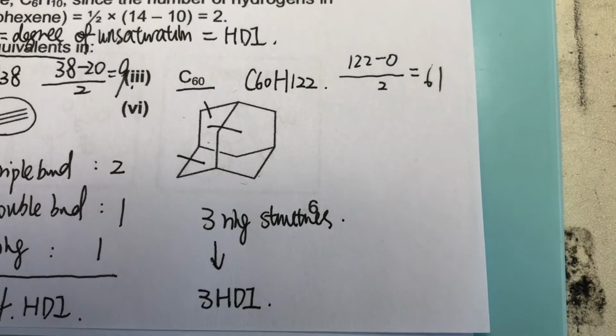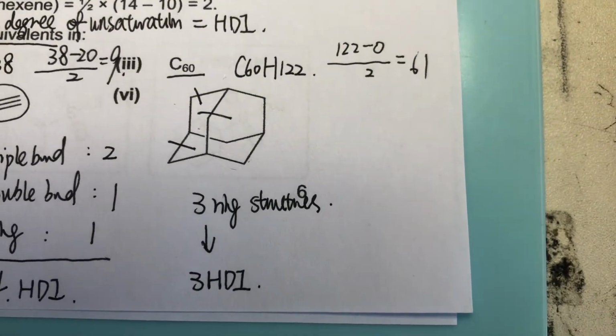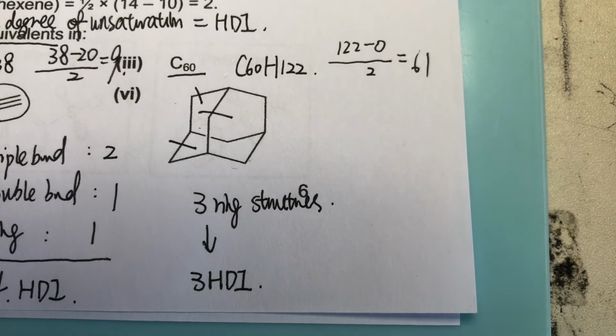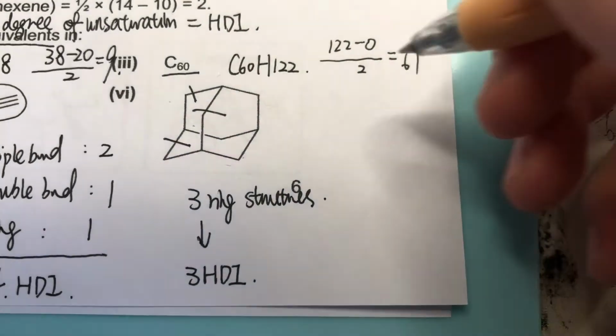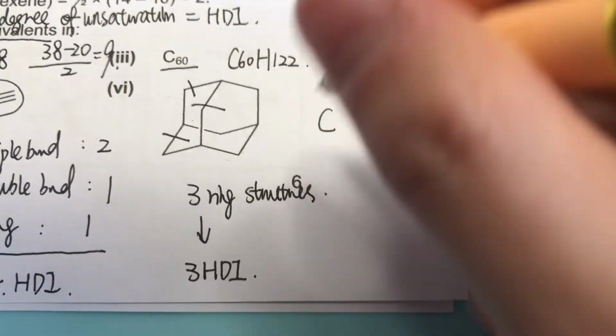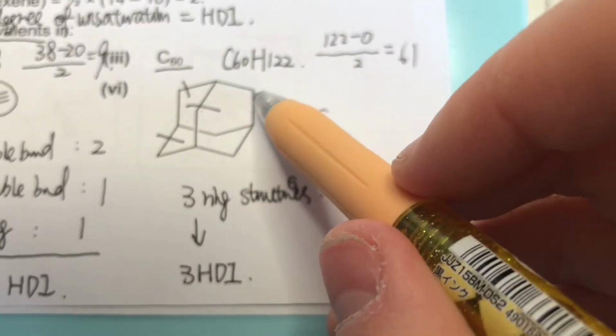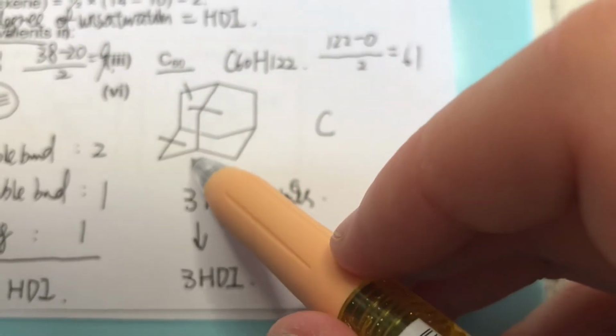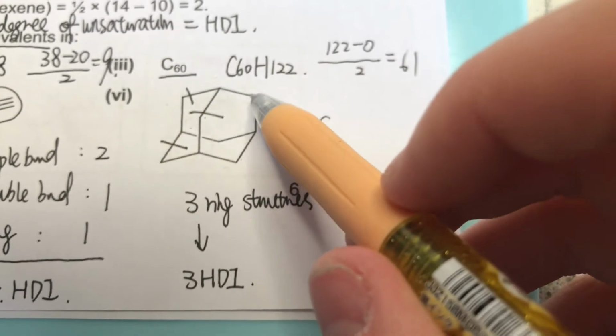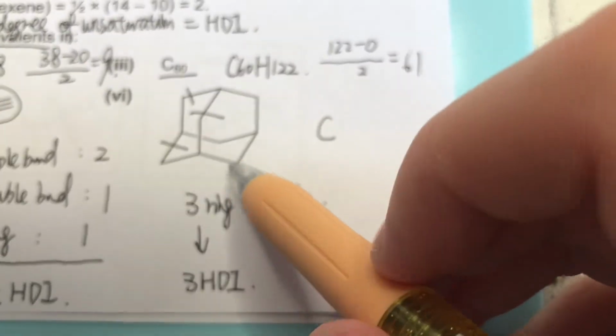And if you want to prove this is true, you can use another method by counting the carbons and hydrogens on it. 1, 2, 3, 4, 5, 6, 7, 8, 9. 1, 2, 3, 4, 5, 6, 7, 8, 9, 10.